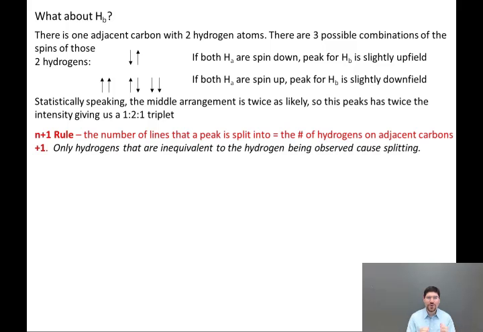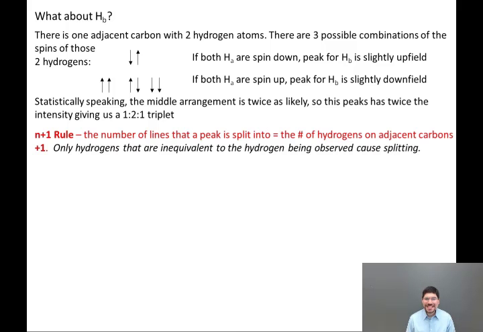So when we were looking at HA, there were 3 hydrogens on the carbon that we called HB, and therefore the peak for HA was split into 4 lines. 3 plus 1 equals 4. When we're looking at HB, there are 2 hydrogens of type A, 2 plus 1 equals 3, and HB is split into 3 lines or a triplet.